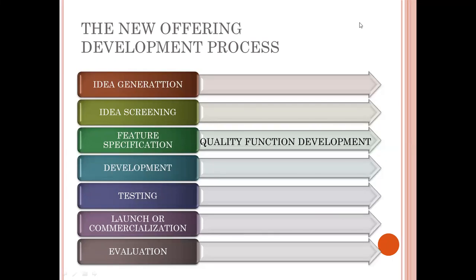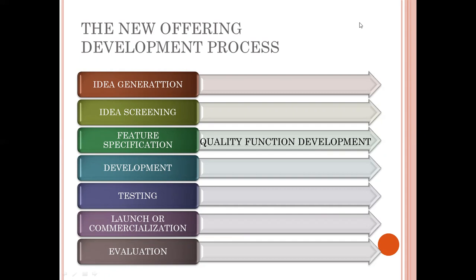For feature specification, we have the quality function deployment or QFD, and this is the process whereby a company begins with the customer's desired benefits and then designs an offering that delivers those benefits. Mainly, the benefits are linked to certain characteristics of the offering, which are then broken down into component part characteristics.